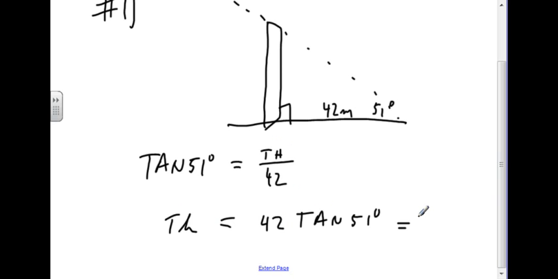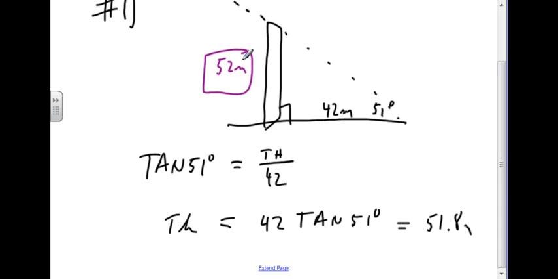Time for the calculator. 42 times tangent 51. Am I in degrees? Yes, I am in degrees. 51.8 meters. So we'll call that 52 because that's the number of significant digits we have.